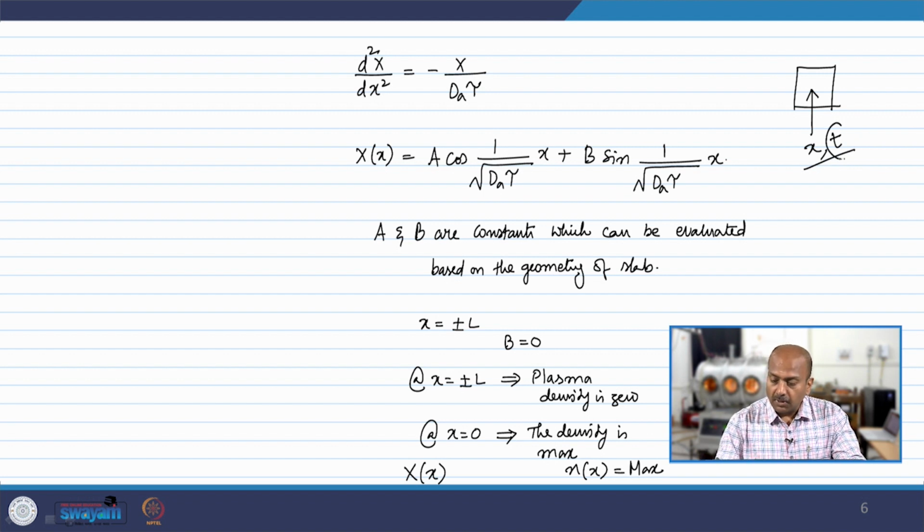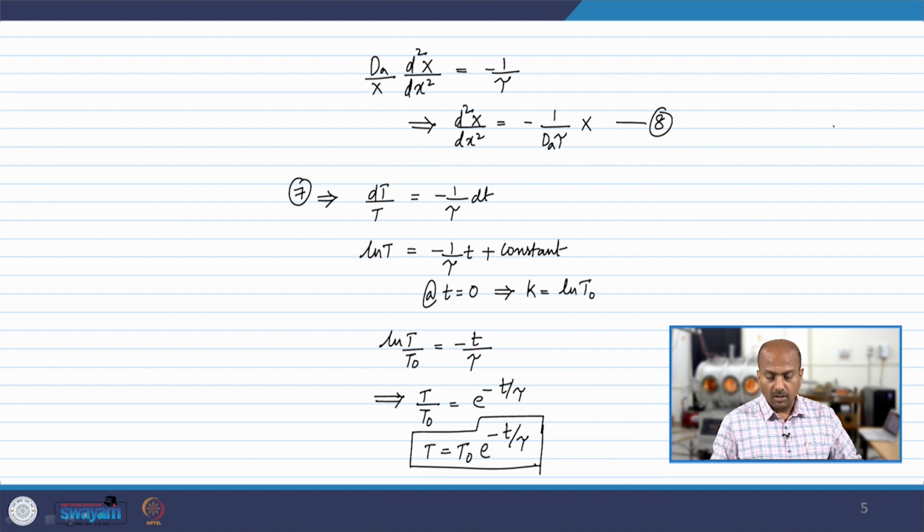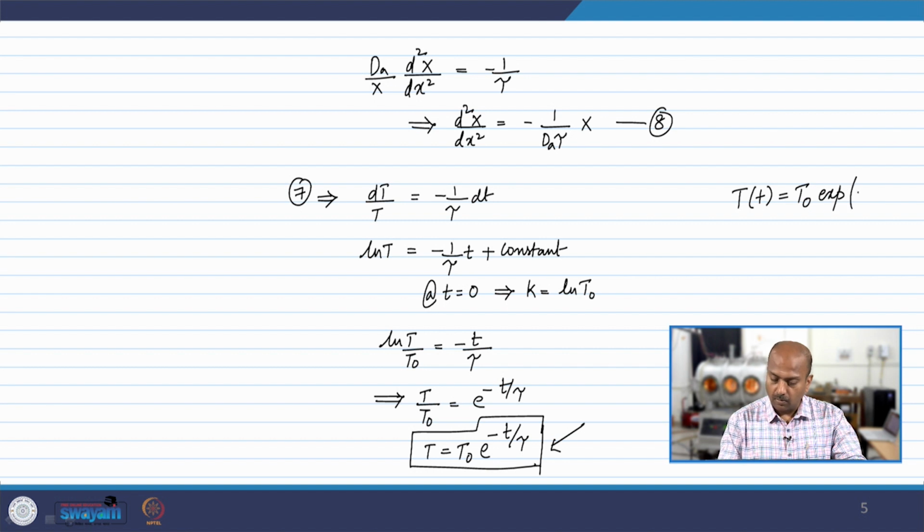Now, with respect to time, how the plasma density changes, you have realized it to be something like this, right. Now, you must remember T of t is T naught exponential minus t by tau, right. So, this is of course a name that is given for the solution. What is T?